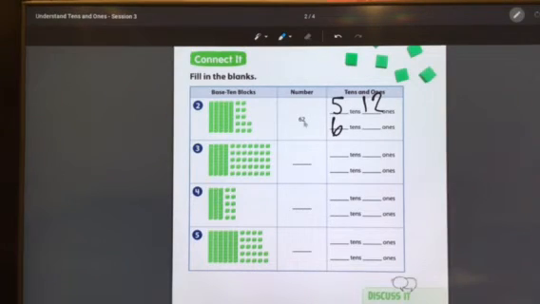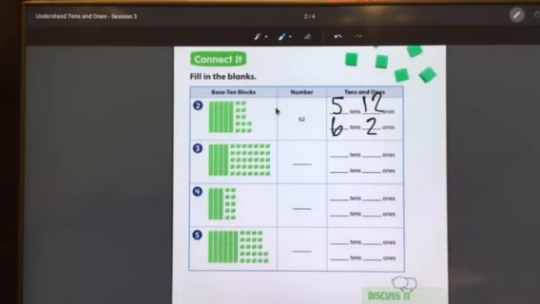So then you have 2 ones. So 2 different ways to make the number 62 is with 5 tens and 12 ones, or you could do 6 tens. Watch how I'm going to do this.